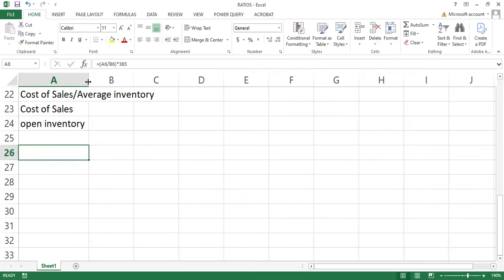So we are looking at the opening inventory for 2022. Before that, we say plus purchases.